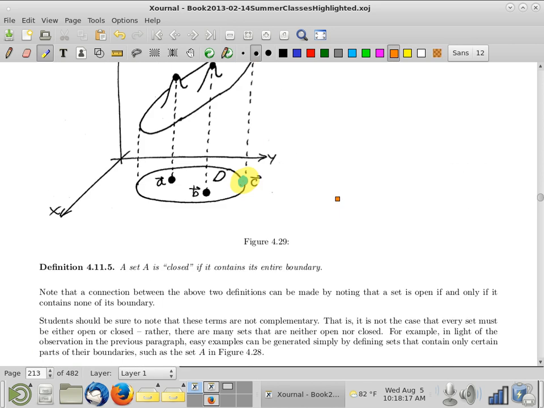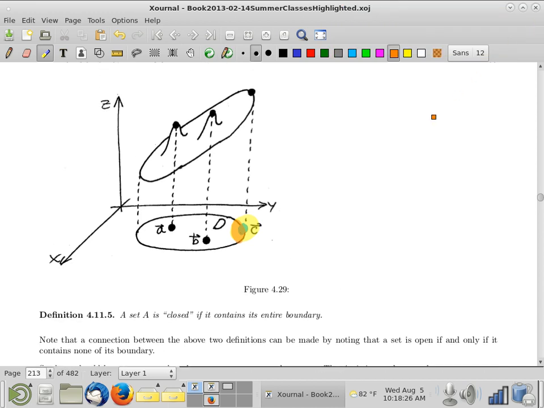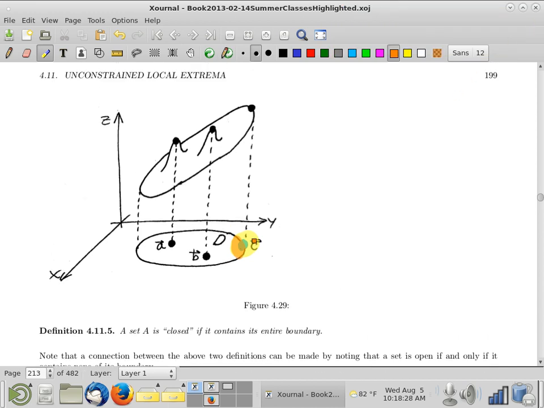So I'm really only responsible for these points. And of those points, is the value of the function at C at least as big as the value of the function anywhere else? Yeah, it is. It's kind of up here at the top. Right? So I'm going to call that a local maximum point as well.